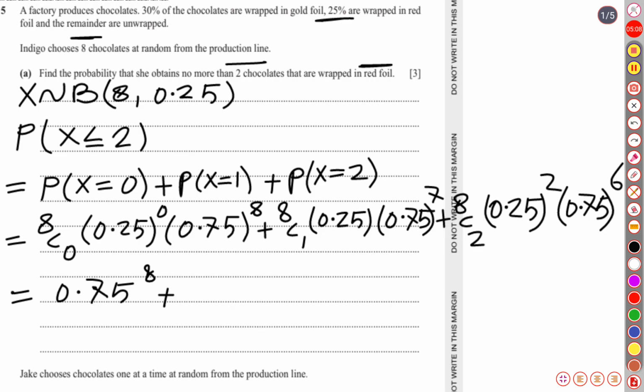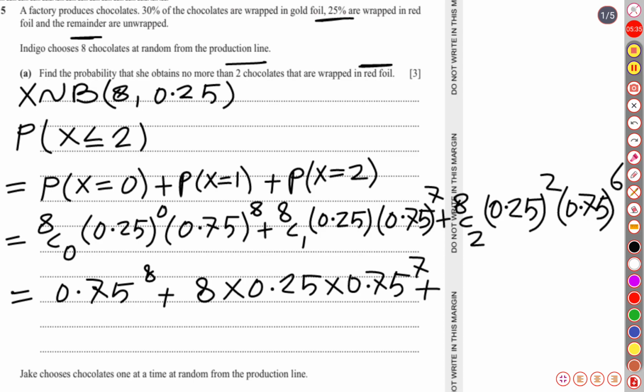We can pick in 8 ways. That means 8 choose 1 is 8. Then 0.25 once, into 0.75 raised to 7.